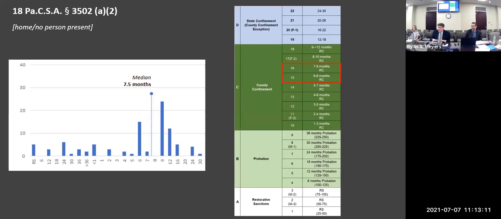Across the board, the sentences were lower and there was a greater use of alternatives like treatment courts and things like that. But when you got to really large quantities of drugs, you almost did not see that in the smaller counties or the rural counties. You only saw it in Philadelphia, so Philadelphia was overrepresented in that. So I think those are just details that are really important to look at.